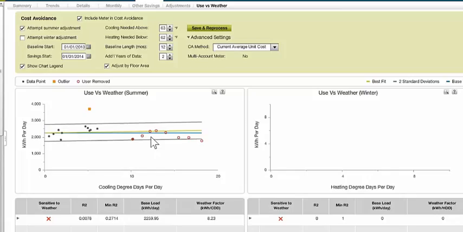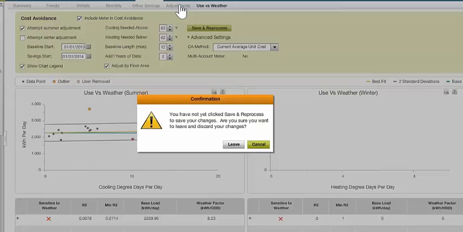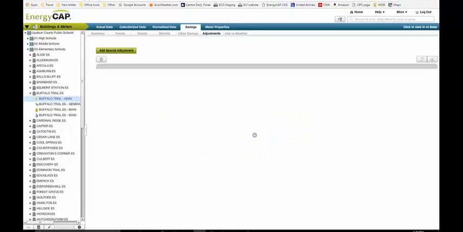There's a couple other things I want to talk about. Okay, how to set up, first of all, special adjustments. A special adjustment is where we force an adjustment into the baseline for a condition that EnergyCAP normally wouldn't account for.